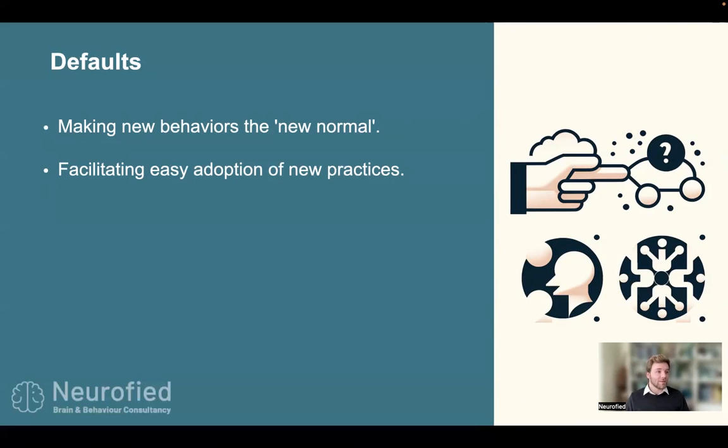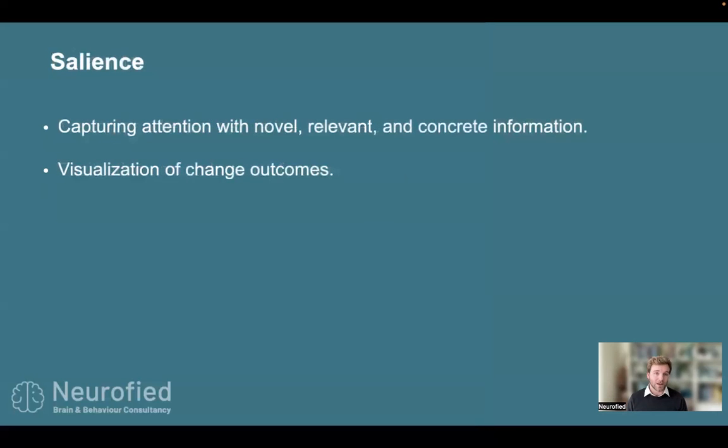Make sure that people are completely aware of what this future change should look like in terms of behavior, so that it becomes easy to adopt. The clearer you can outline these behaviors, the easier it will be for people to just see them as the defaults and pick them as the option, the go-to option, because it will be the new normal.